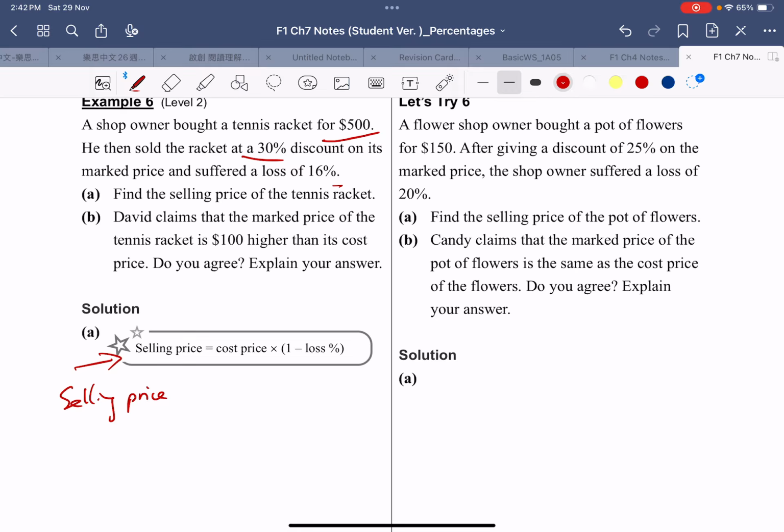And this is the loss percent. Okay, so what is the selling price first? It is the cost times 1 minus the loss percent. So what is the cost? 500. And then the loss percent, according to the question, is 16%, and it is selling at this amount.